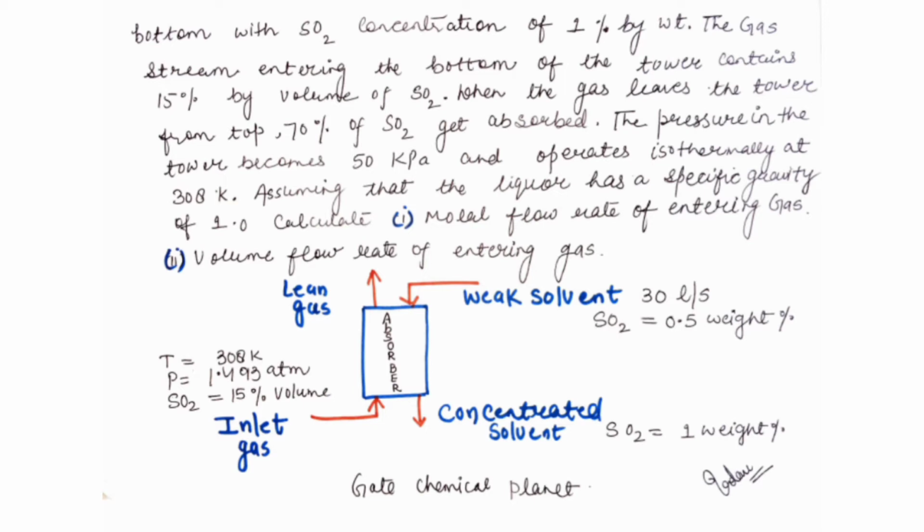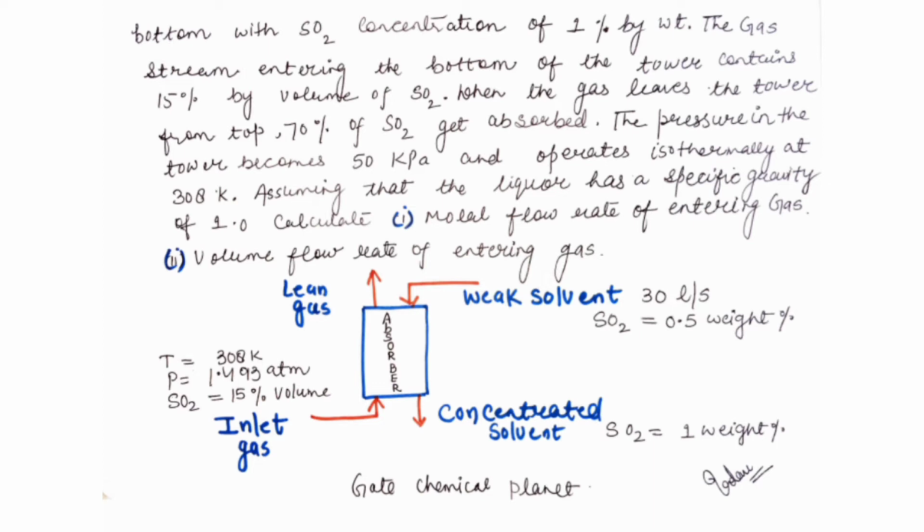The gas stream entering the bottom of the tower contains 15% by volume of SO2. When the gas leaves the tower from the top, 70% of the SO2 gets absorbed. The pressure in the tower is 50 kilopascal and it operates isothermally at 308 kelvin.